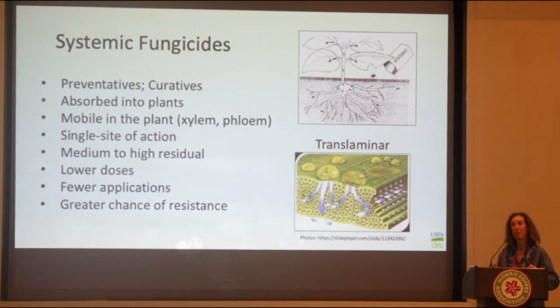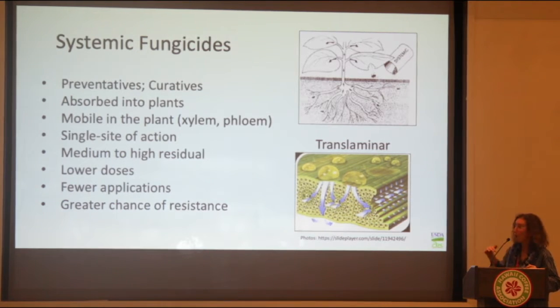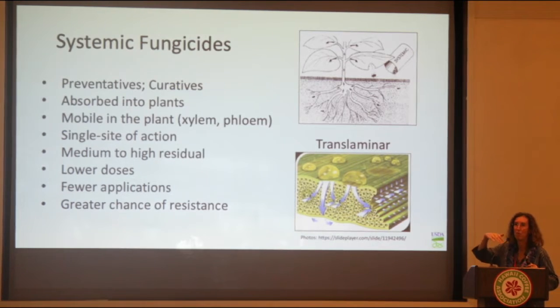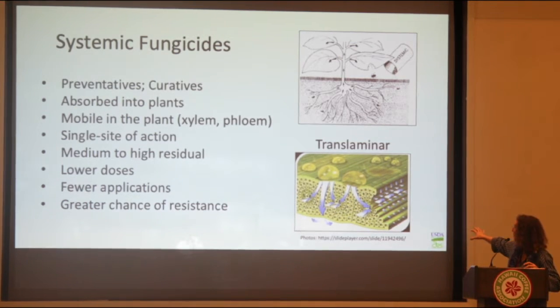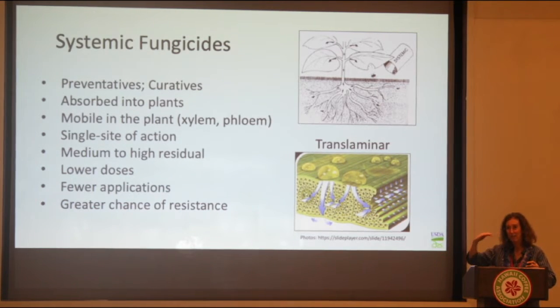Now, there's a big difference. The true systemics are mobile throughout the entire plant. That's the upper right. You apply the product, it moves in the xylem and the phloem, into new leaves, full protection. The difference is translaminars. A translaminar essentially will travel from one side of the leaf to the other side of the leaf.